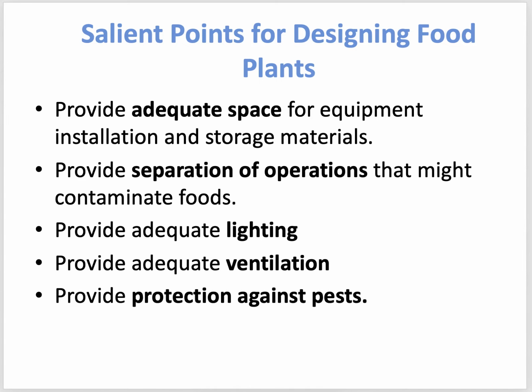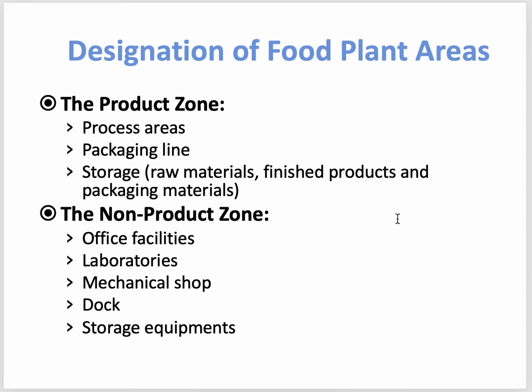Based on the work that is done in a food processing plant, we can separate the working area into different zones. One is the product zone and another is the non-product zone. In the product zone, all the work associated with the production of the food is done, and in the non-product zone, mainly the administrative work, official work, which is not related to production, is done.